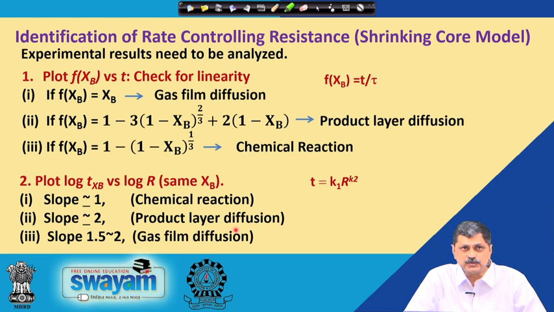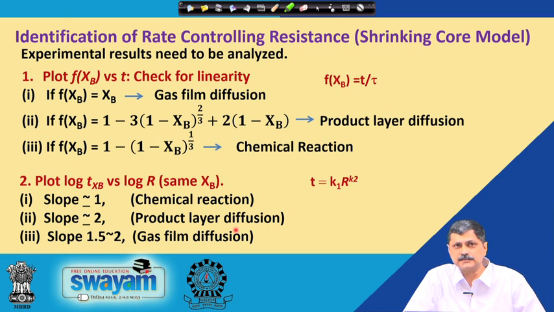For that we need to carry out some experiments, and the experimental results need to be analyzed. We have already derived the conversion versus time relationship, and we have seen that a function of x b, that is conversion, is equal to t by tau for all three cases.